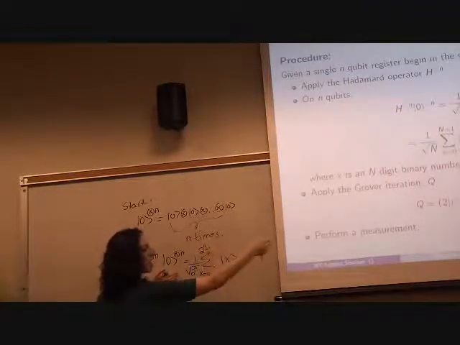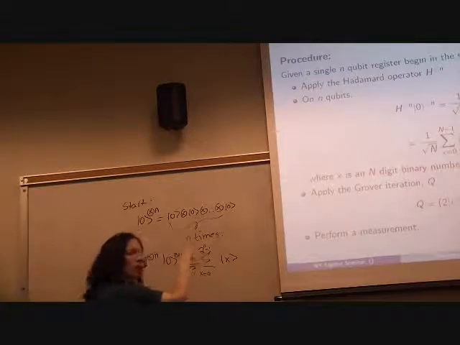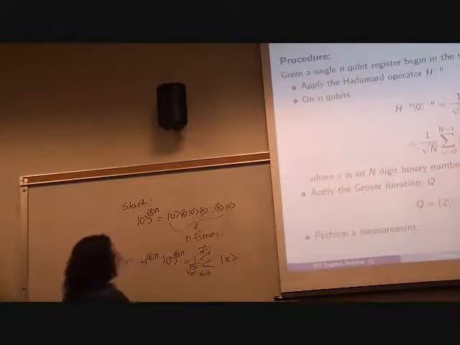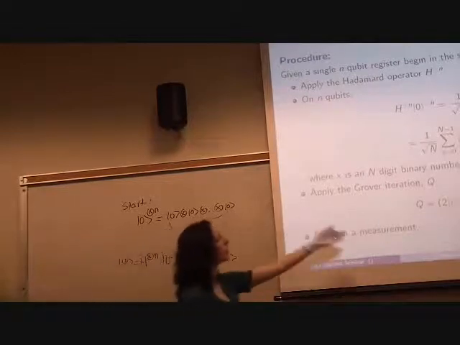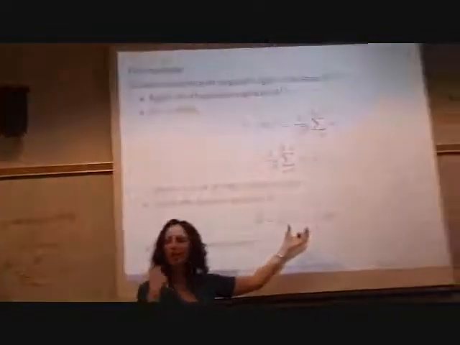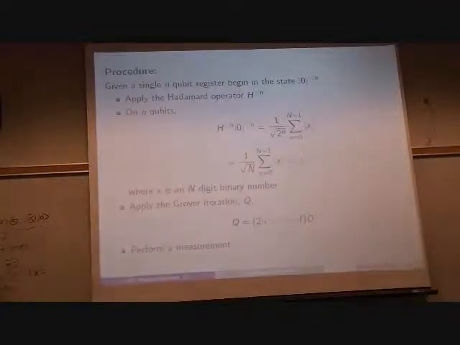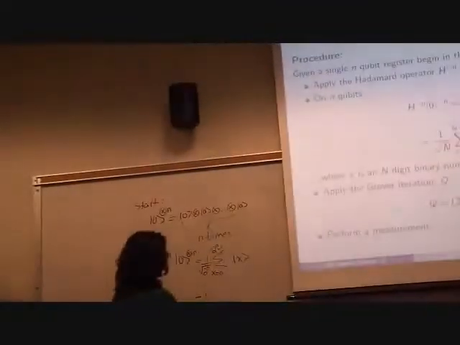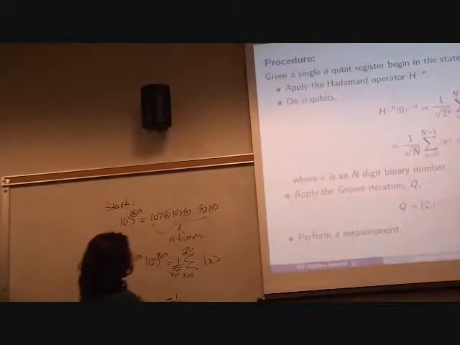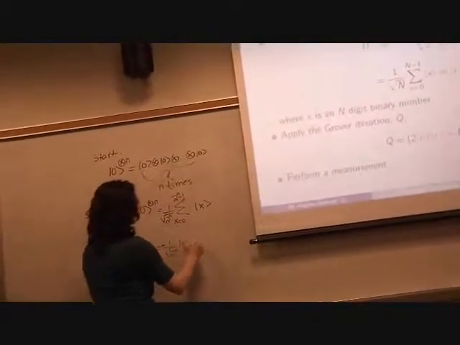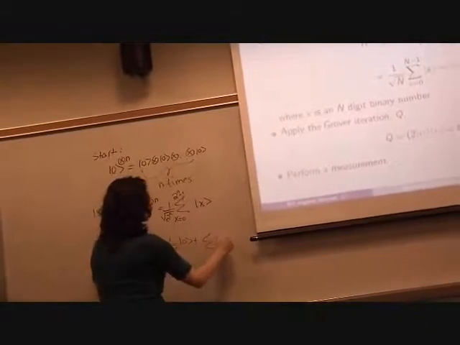If you look at each summand, you can look at what the coefficient of each summand is. When you apply Q, since the oracle is part of Q, it's going to be flagging as you go. So you may have a -1 thrown in here, for this one, and then we have the sum of the rest.